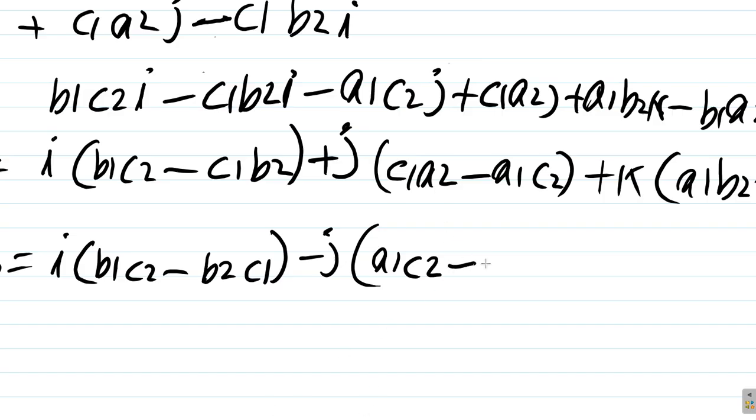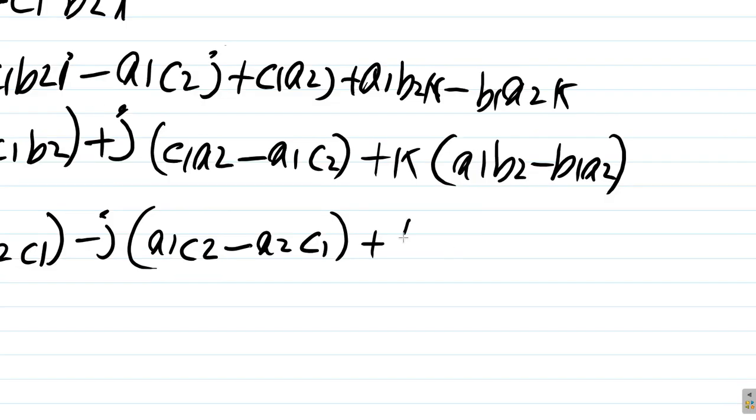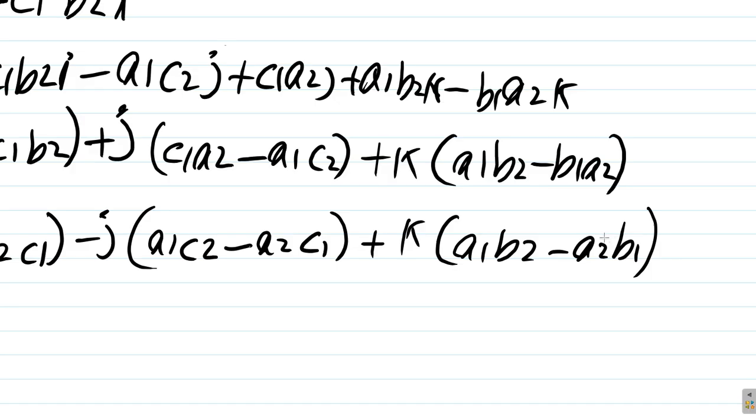So we have a minus A2C1. Because notice if we say negative J times negative A2C1, we have a positive J A2C1. If we multiply this, we'd have the same positive J A2C1. Alright? Alright, so plus, and then we have K times A1B2 minus A2B1. Alright.